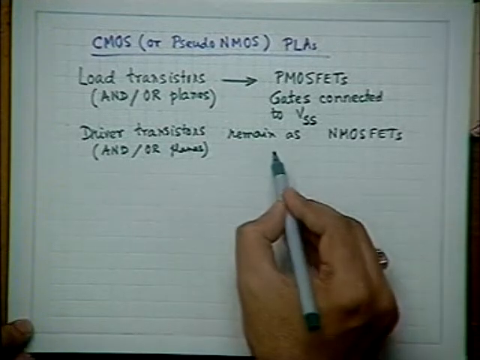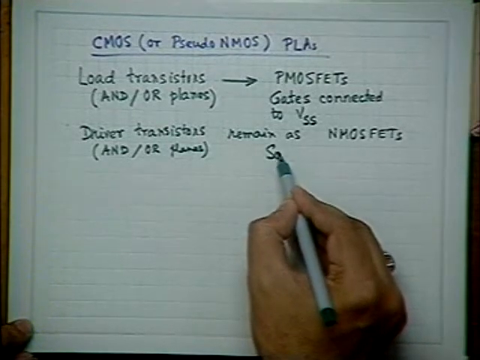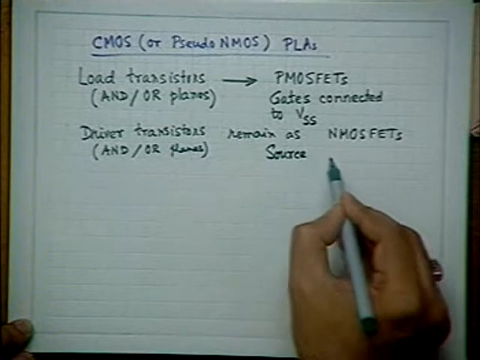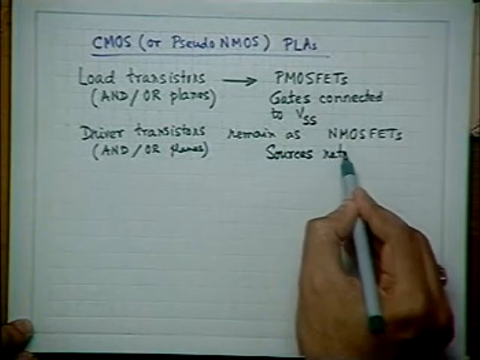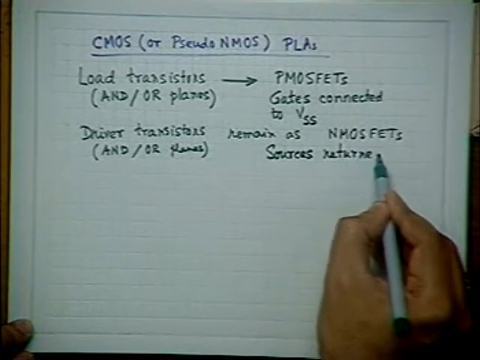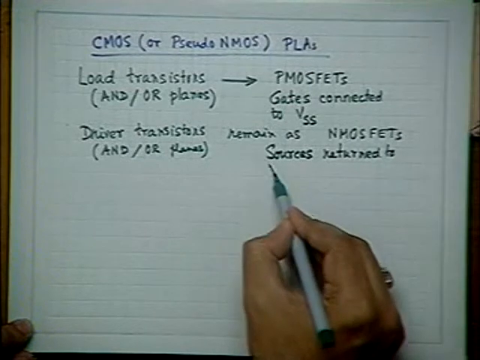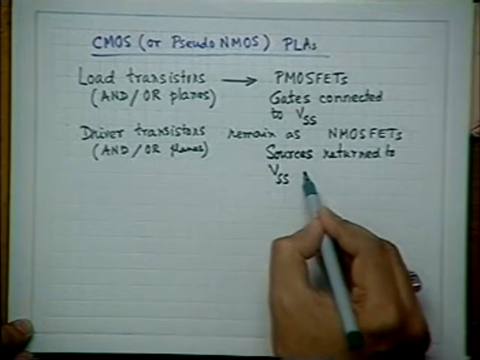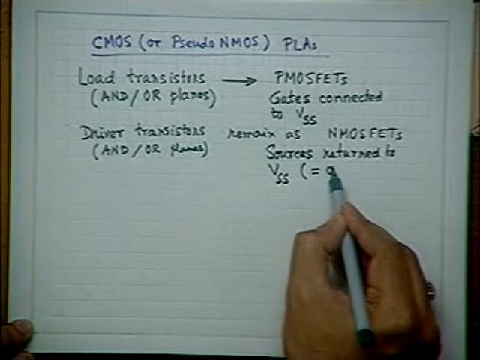Only thing is the sources are returned to VSS, which may be ground also.